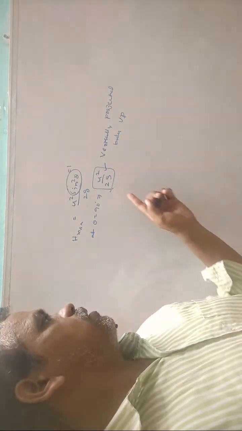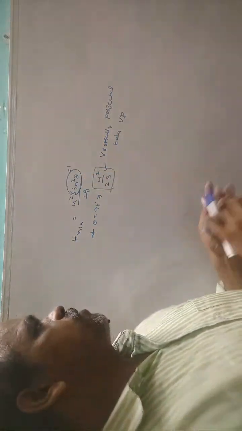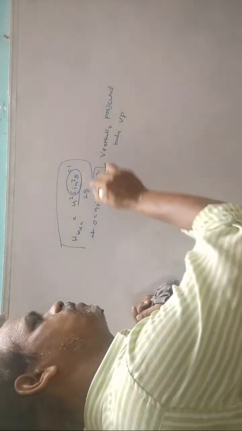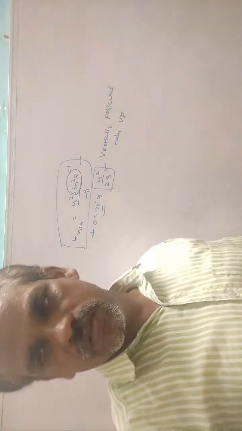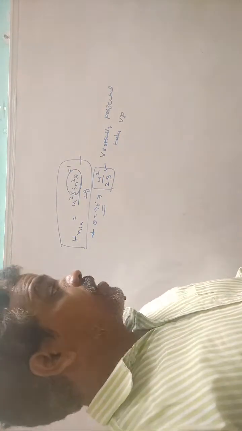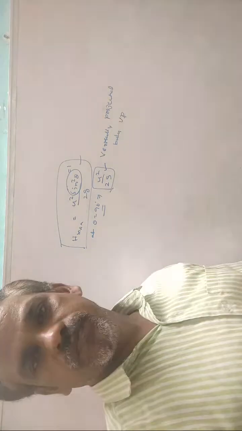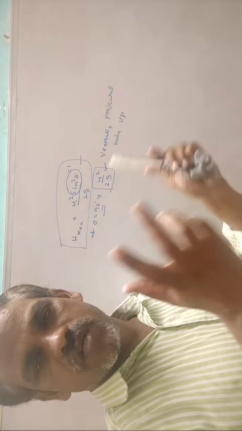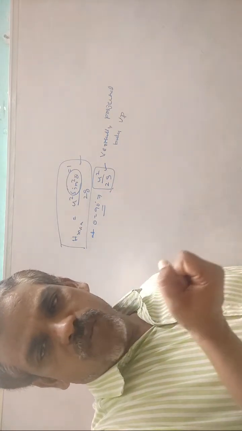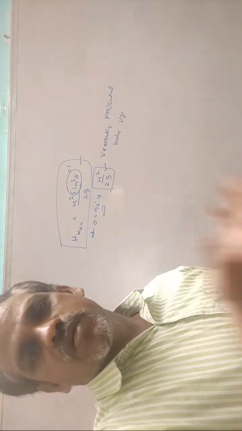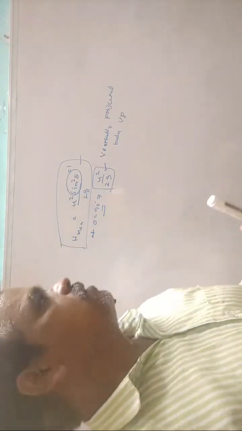The body reaches maximum height equal to u square by 2g. This formula belongs to an obliquely projected body, and if you substitute theta equal to 90, you get u square by 2g, which is for a vertically projected body upward. So simply, if we substitute 90, every formula changes to the vertically projected body formula.